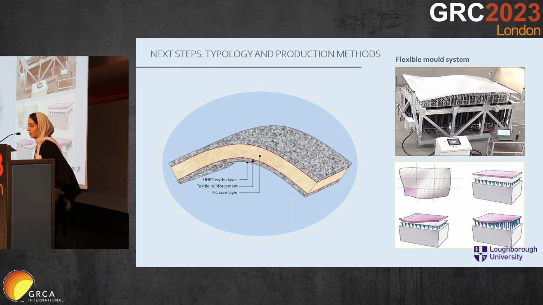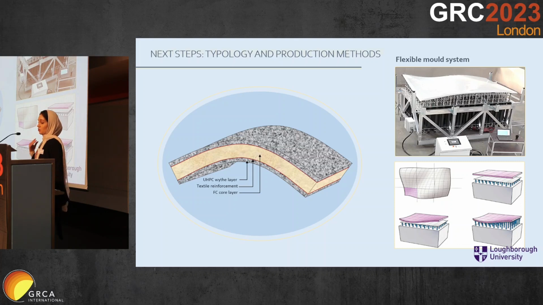In terms of the next steps of my study, that's where we've reached so far. Obviously, it's very early on in the concept stage. But the next steps of my study would be to use a flexible molding system to create these curved panels on the flexible mold so that we can reuse the mold over and over again without having to go through creating separate wooden or steel molds every time we want to make something.